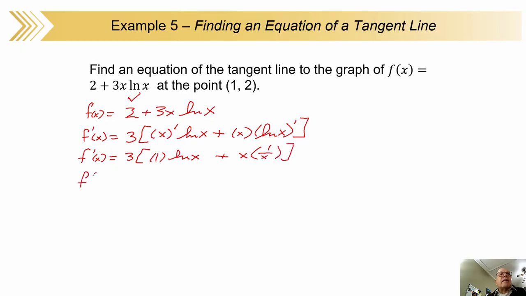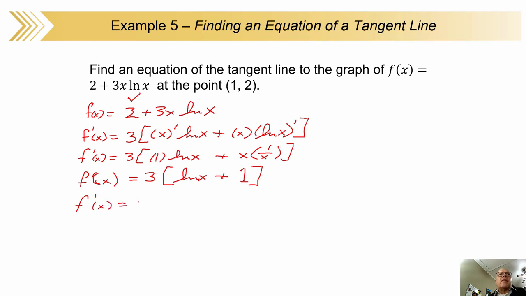What do we have? Let's see. So far, oops, there we go. Leave the 3 out front one more time. We've got the natural logarithm of x plus 1. Multiply the 3 out.